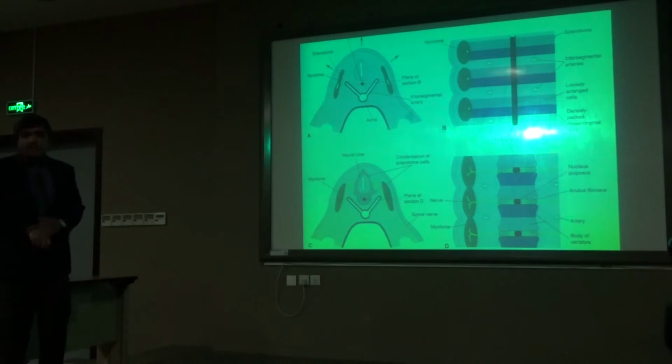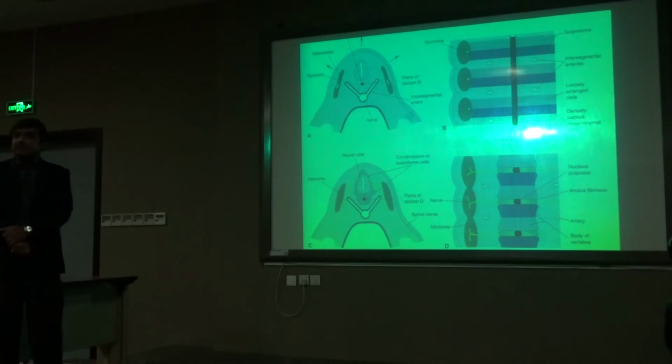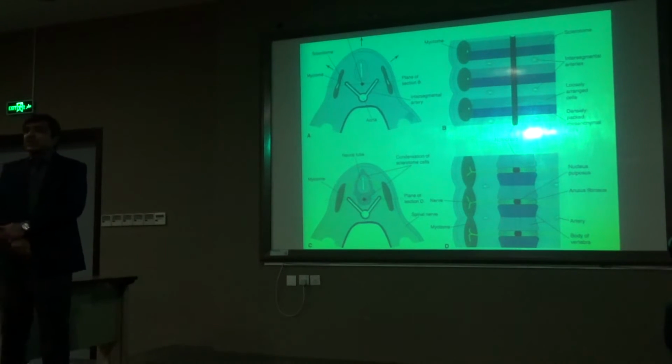When they grow, the lower portion of this sclerotome binds with the upper portion of the lower sclerotome, and collectively these two structures make one vertebral body like this.